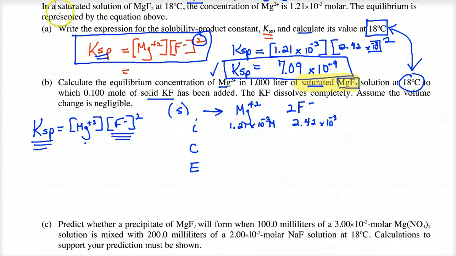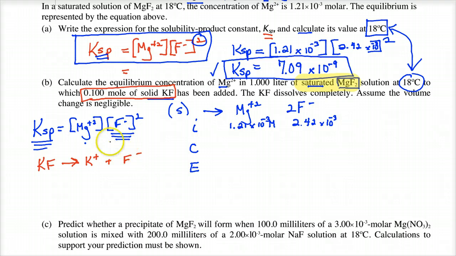Now, there's a little twist to this problem. And this twist is that I'm adding 0.1 moles of solid KF to this problem. So if we do that, we are going to now understand that KF is going to break apart into K⁺ and F⁻.